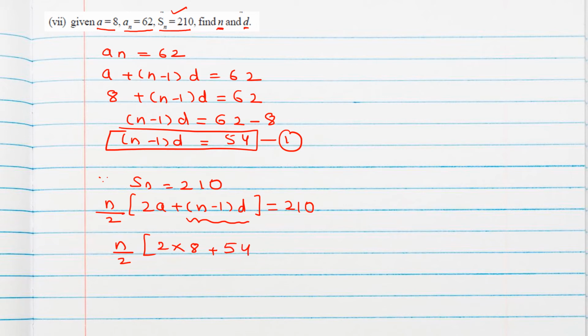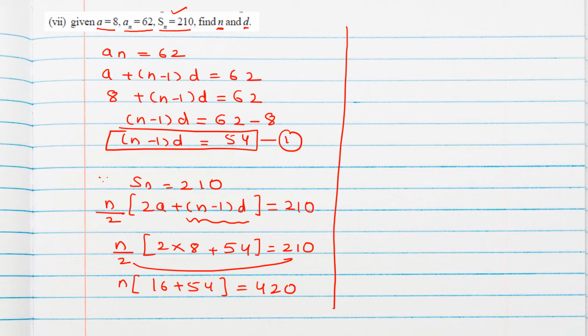So this 2 we can transfer here. So n times (16 plus 54) will give 420. So n is 70n equal to 420, so n will be 420 by 70, which is 6. So n is 6 here.